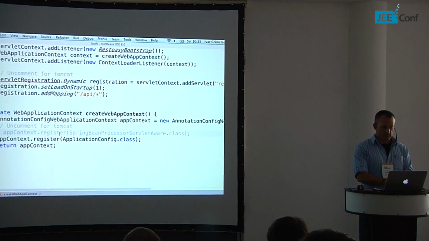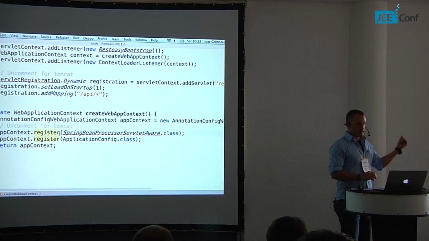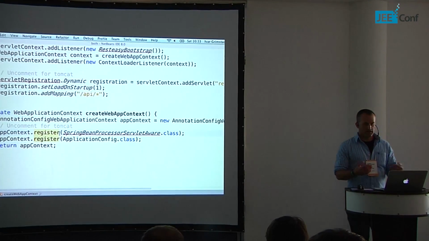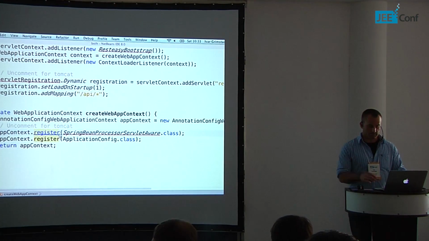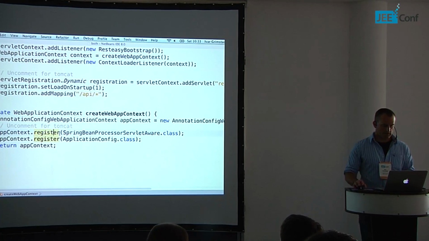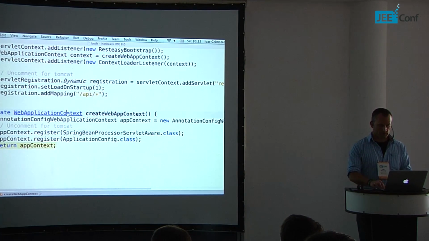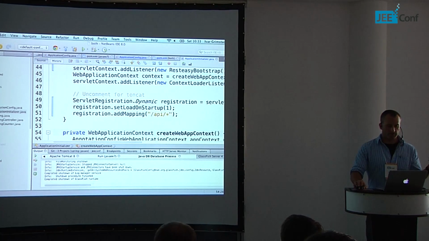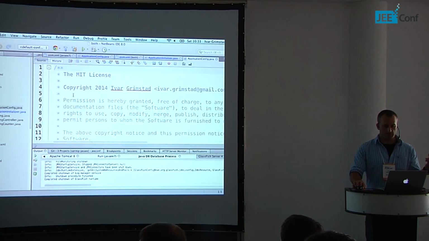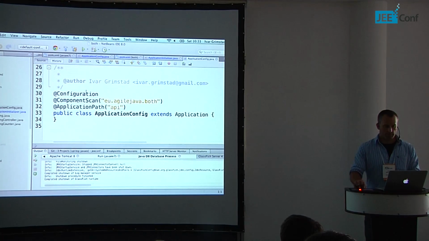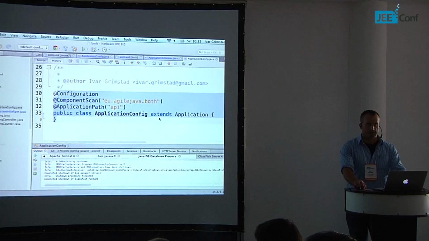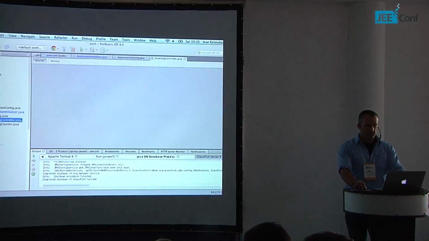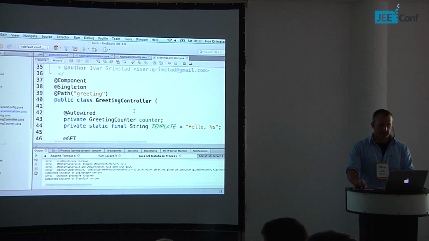And I need to make my application Spring aware, so I need to register the Spring processor server aware. So there is a bit of configuration to be done if you want to combine the approaches. My application configuration class is exactly the same, so I don't need to do anything there, and the rest of my code base is exactly the same.